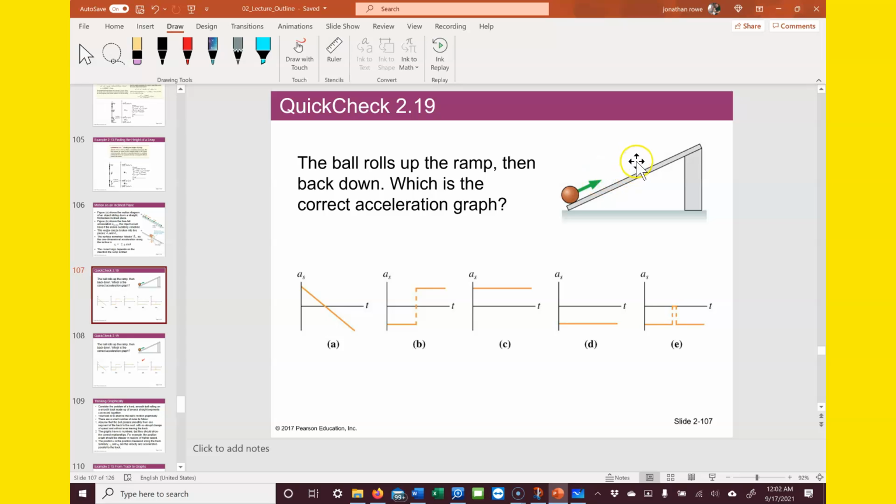The acceleration is going to point down the ramp. It's going to oppose the velocity up the ramp here. So acceleration is negative, and it's a constant negative value. Whether the ball is rolling up or rolling down, it's a constant negative acceleration. Choice D is the correct choice.